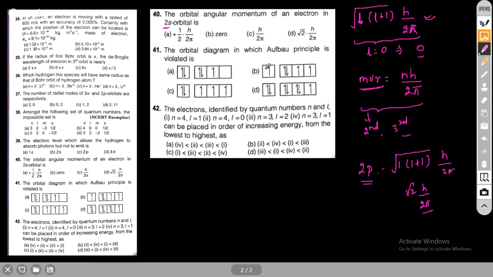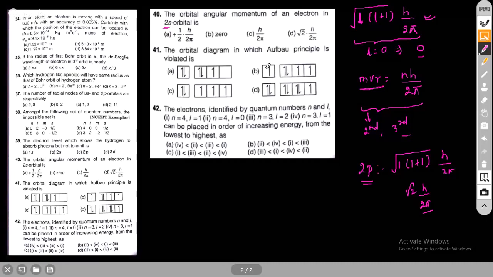What about option A? Does this violate any rule?